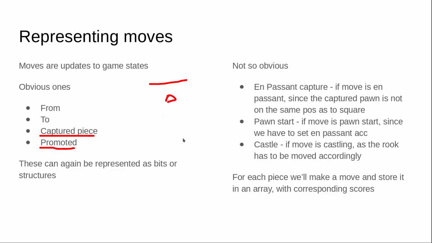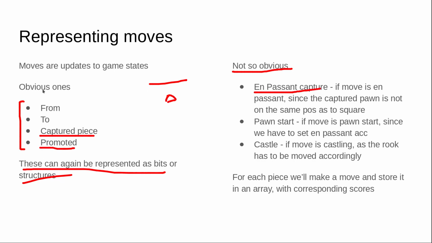These things can be represented as bits or structures. So I can have a separate structure for moves where I write these things also.